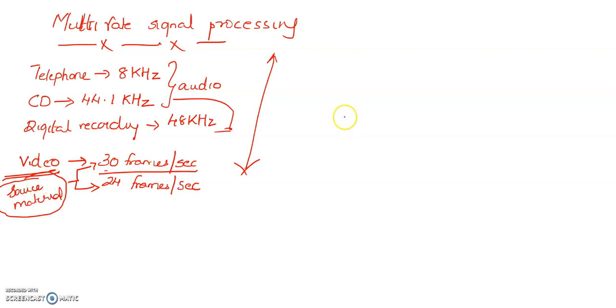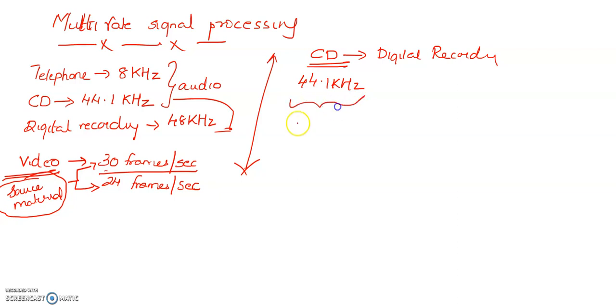Now, for example, if I'm having a conversion of an audio signal that is stored in CD to a digital recording, this audio signal in the CD will be sampled at the rate of 44.1 kilohertz, which means that information will contain 44,100 samples in 1 second of that signal.